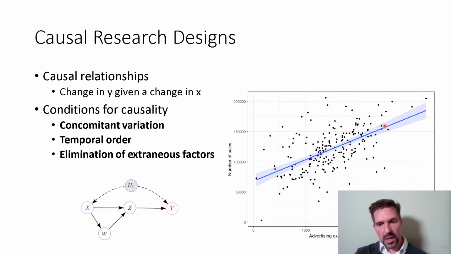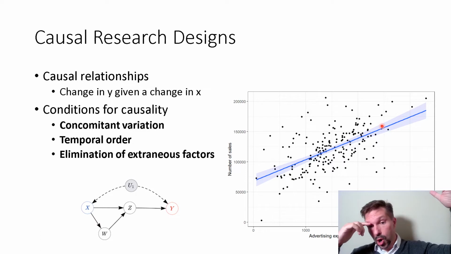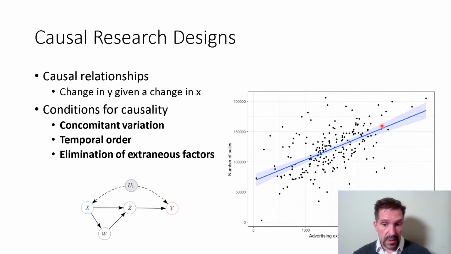And then the last one, and by far the most difficult of the three conditions to meet, is to eliminate all alternative explanations, meaning the only two things that change were advertising and sales. If anything else changed, for example, if one of our competitors dropped from the market, we would expect that to cause our sales to go up, and now we cannot say whether the increase in sales is because advertising expenditure increased or because one of our competitors left the market, right?